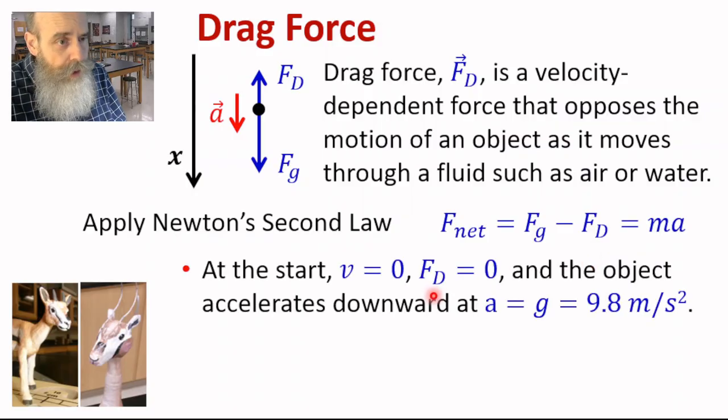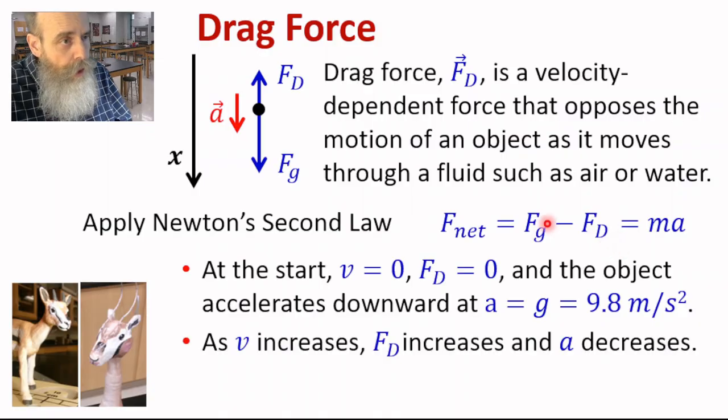At the start, v equals 0, and Fd is equal to 0. So this equation becomes Fg equals ma, or mg equals ma. And the solution is that a equals g equals 9.8 meters per second squared. But when v increases, Fd increases.